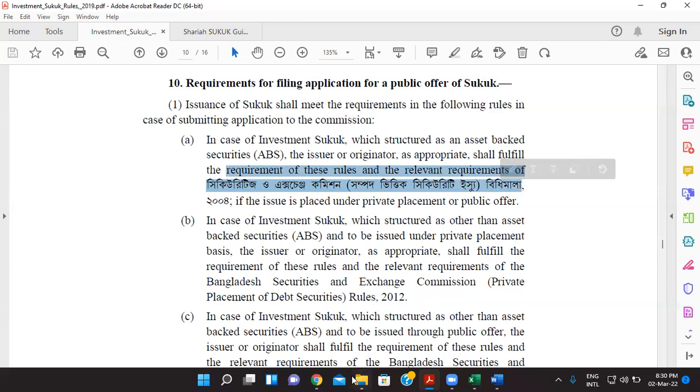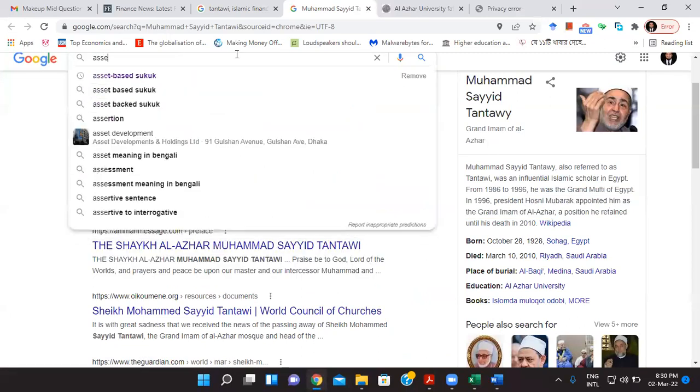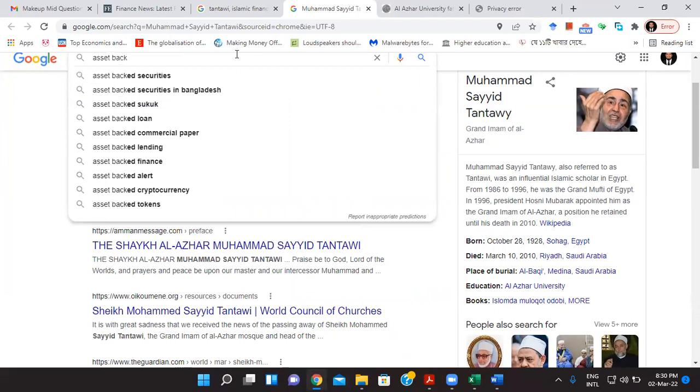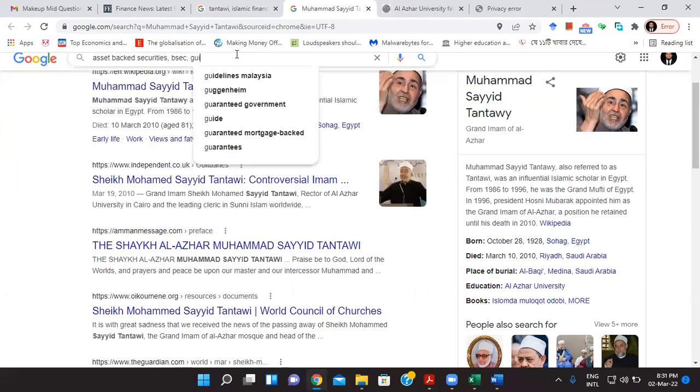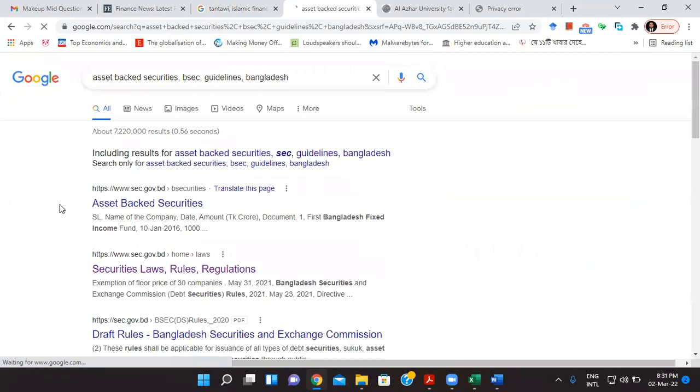So if you search for asset-backed security issuance guidelines, BSEC, Bangladesh, you will find this document, which has been referred to here.